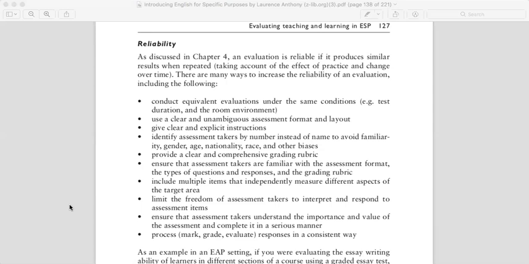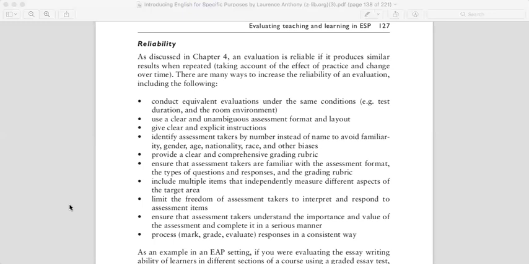Okay, now there are of course ways to increase the reliability of an evaluation, right? You cannot declare a test not reliable because you have conducted it at a different level in a different situation, maybe with people of a different age group, different level of proficiency.